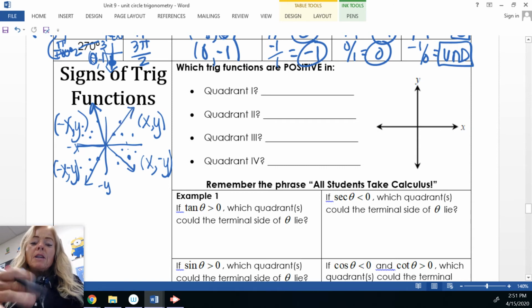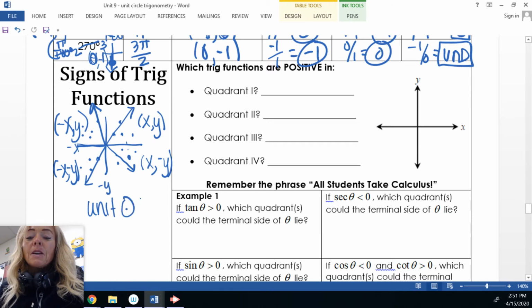My points in those quadrants are always negative or positive depending on which quadrant it is. Now remember, in my unit circle, R is 1, which is positive. So the R is positive.